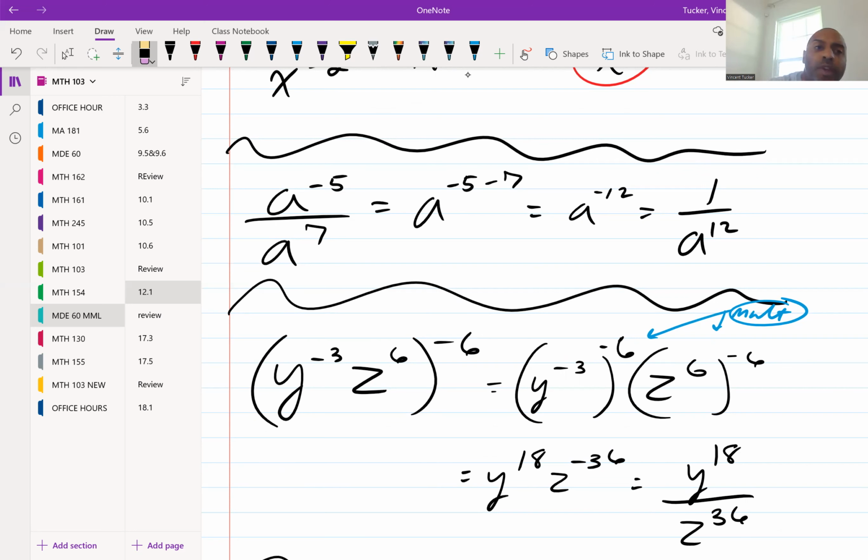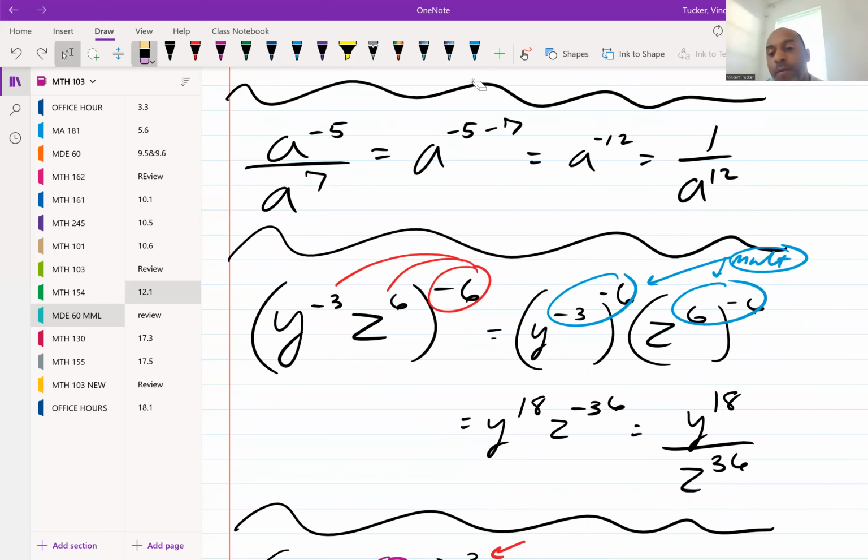So now we need to distribute that -6 exponent to each term. So now we have y to the negative third raised to the -6 power, z to the 6 raised to the -6 power. Then we're going to multiply. Whenever you're raising a power to a power, you multiply your exponents. -3 times -6 is +18. 6 times -6 is -36.